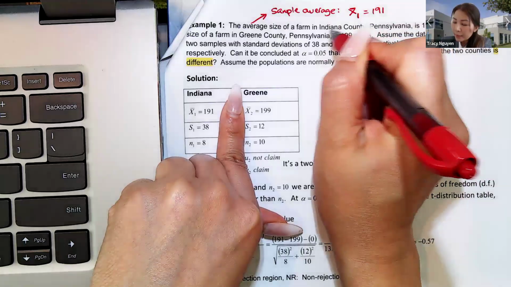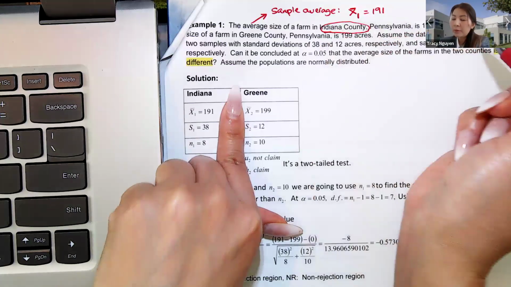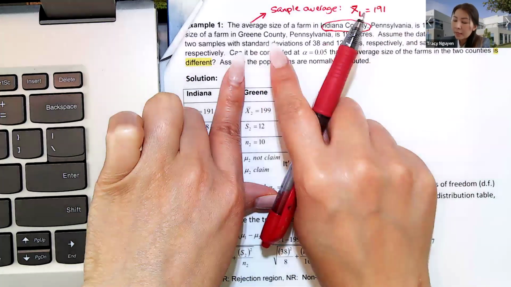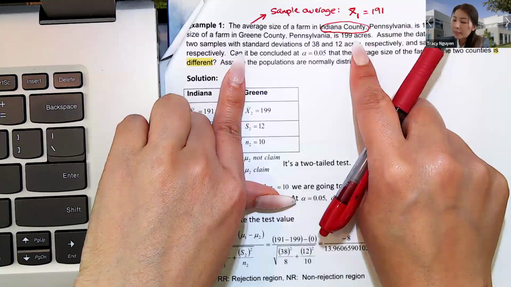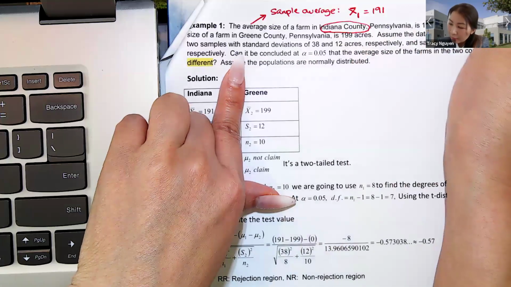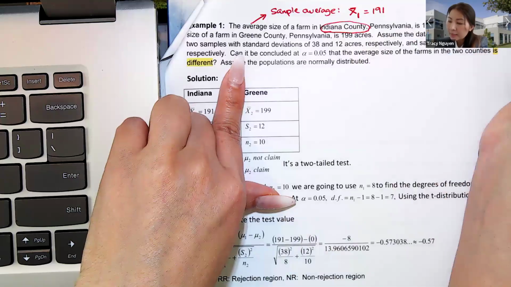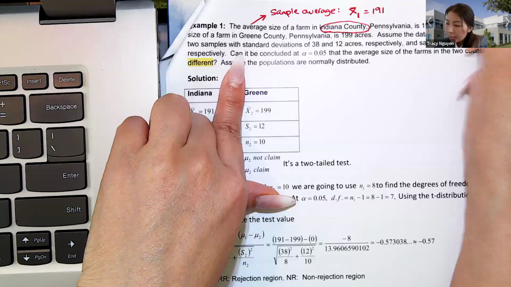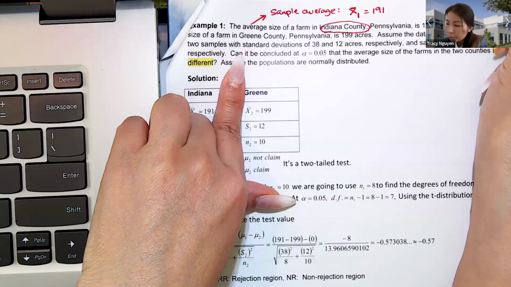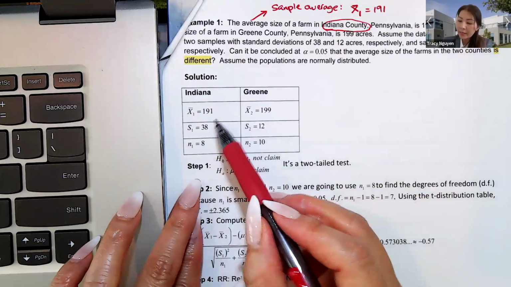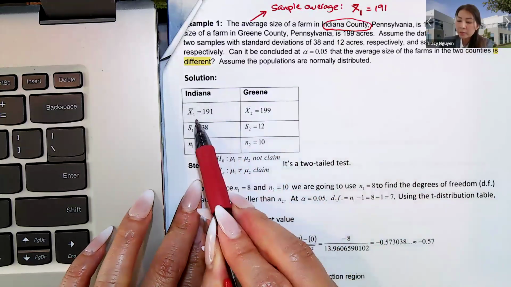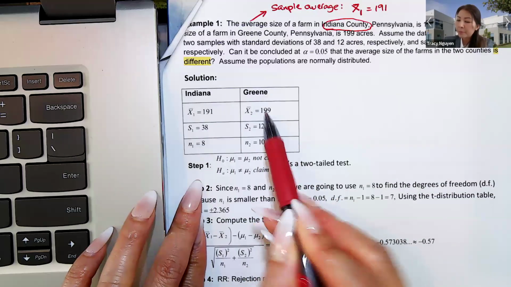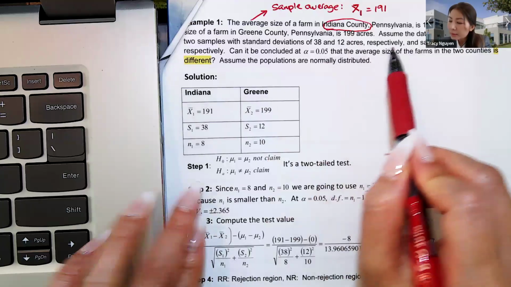Anything belonging to Indiana County, we're going to give a subscript of 1. The average size of a farm in Greene County, Pennsylvania is 199 acres. So this average belongs to the second set of data. It is the sample average, but we're going to call this x2 bar equals 199. So that's what I analyzed here. Indiana County, x1 bar equals 191. Greene County, x2 bar equals 199. What's next?